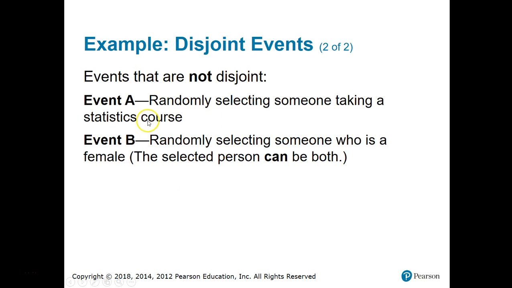Now, not disjoint: randomly selecting someone taking a statistics course, for example, I choose you, whoever you are, if you're listening. If you're not listening, I choose you too. Randomly selecting someone who is female. A selected person can be both. So someone could be female and in the stats course, or just female, or just in the stats course.